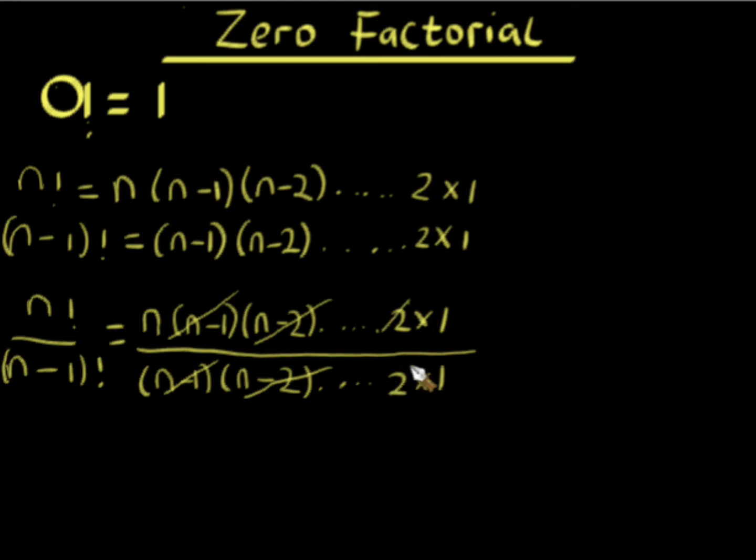So 2 cancels out at the numerator and the denominator, 1 cancels 1, right? How true. Now we are left with n factorial divided by n minus 1 factorial leaving us with just n. We have just n left from our divisions here.